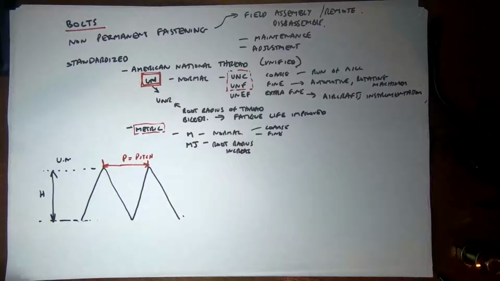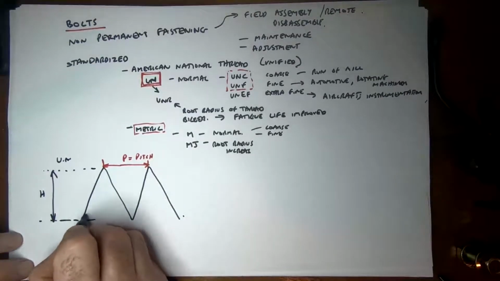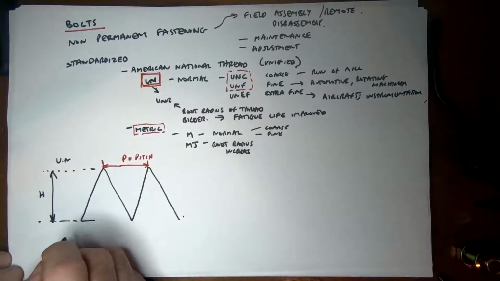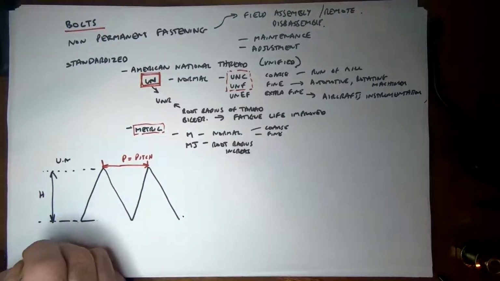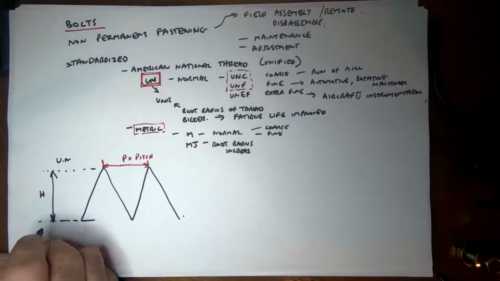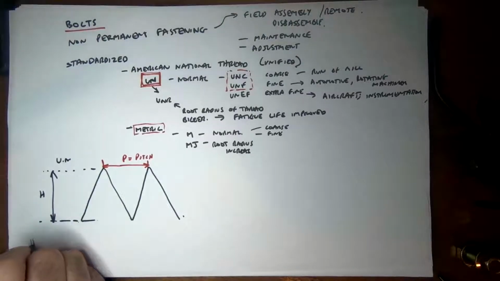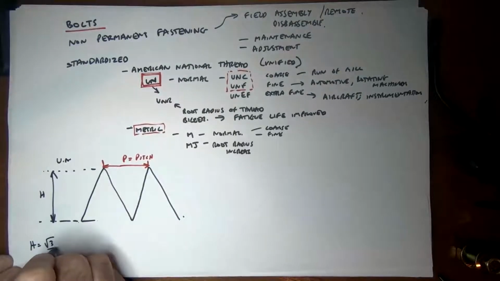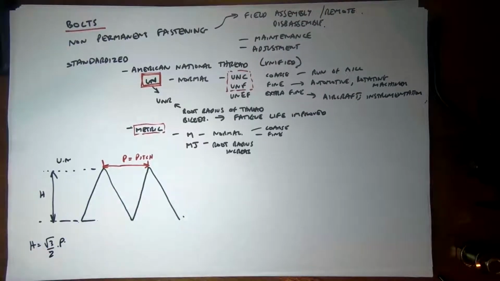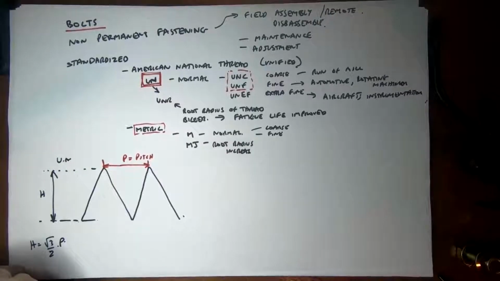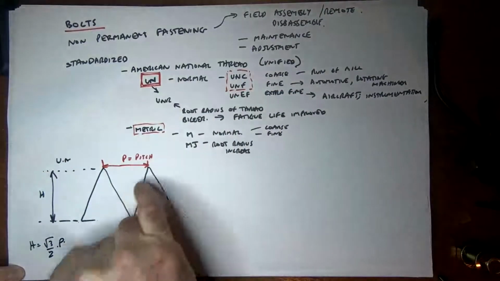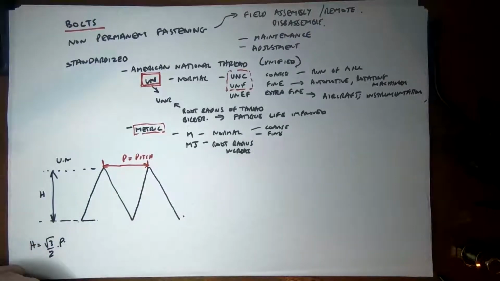And just by trig, this is a 60-degree triangle, you can actually relate the pitch to the height, so that the height H, just from trig, is √3/2 times the pitch. So once you know the pitch that you're going to use for your bolt, which will be specified depending on the coarse or fine thread, then we've got the height and pitch relationship here.